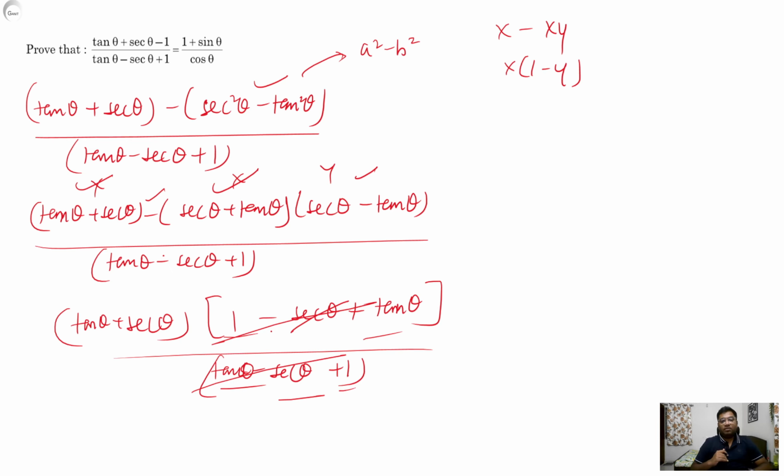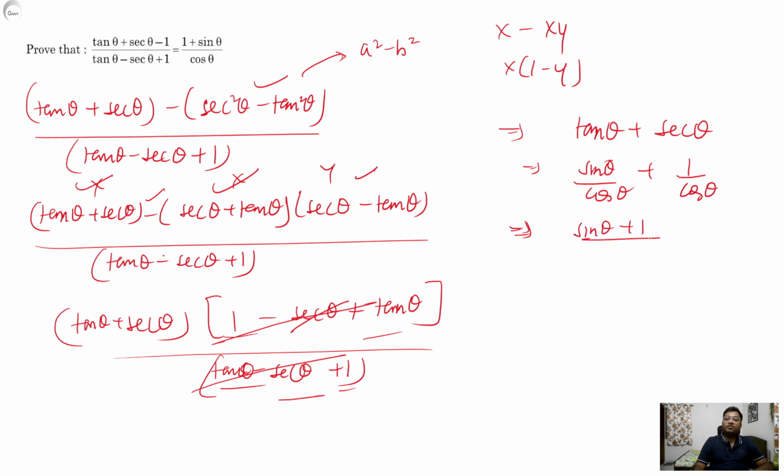And by step number 3, it was gone. Right? So we are left with what? Tan theta plus sec theta, which is nothing but sine theta by cos theta, and 1 by cos theta. That gives us sine theta plus 1 by cos theta, which is our RHS.